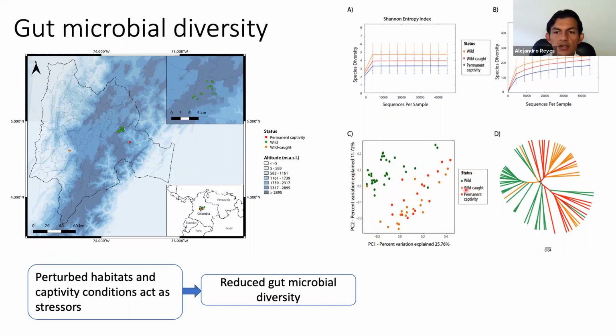But for those that were caught, we have some samples that cluster with the wild, which happen to be the very early samples. We can see at least 2 samples clustering with the wild, but then they very fast move to look more in their composition like the permanent captivity animals.